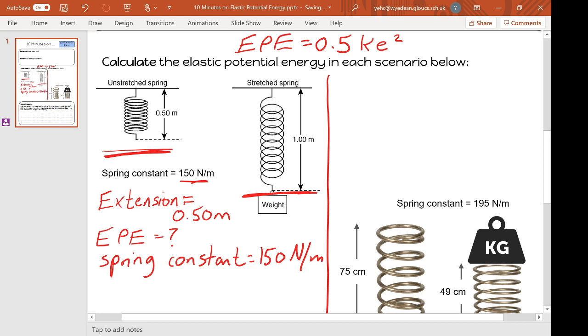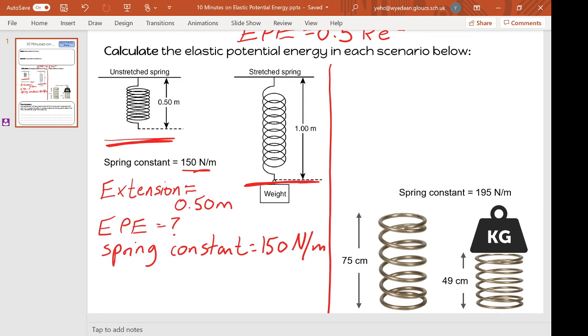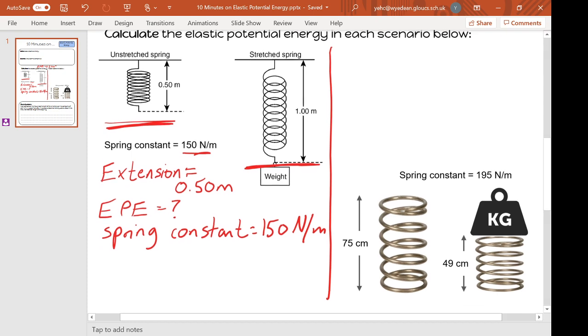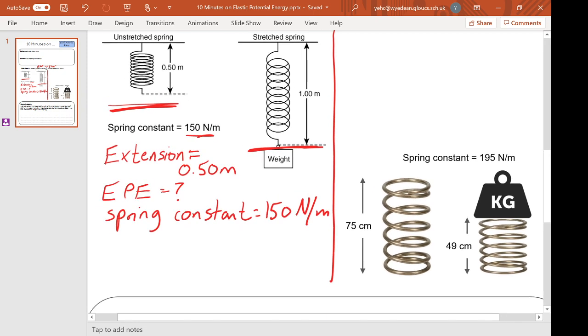So those are all my values. The only extra thing I had to work out was the extension from the picture. So it's just the actual change itself. I'm not taking any of these default values straight off the bat. I'm doing the actual change in the extension, in the length.